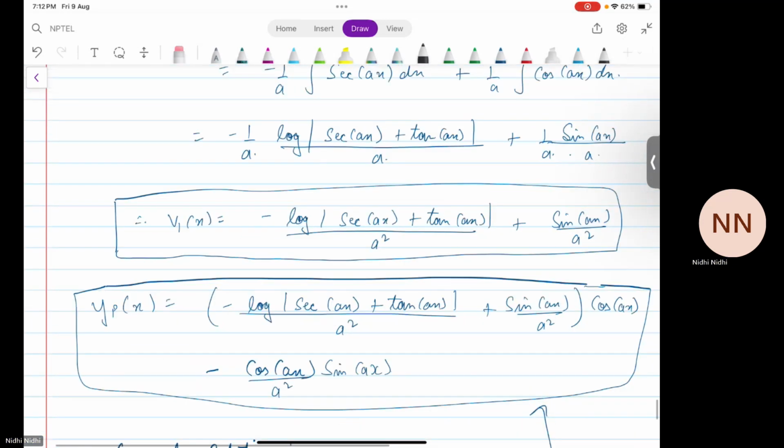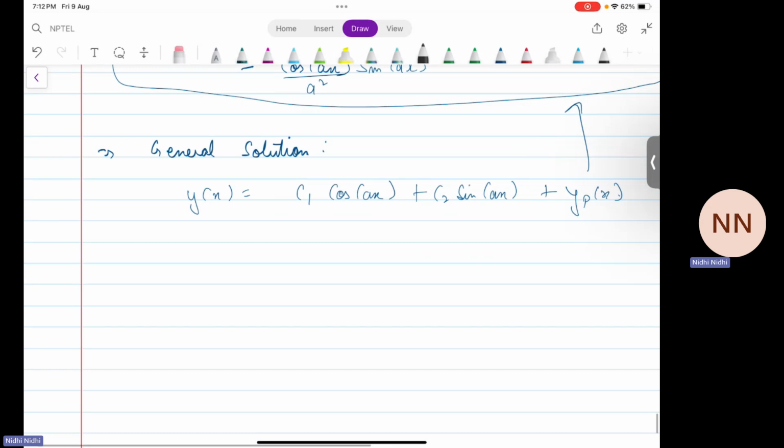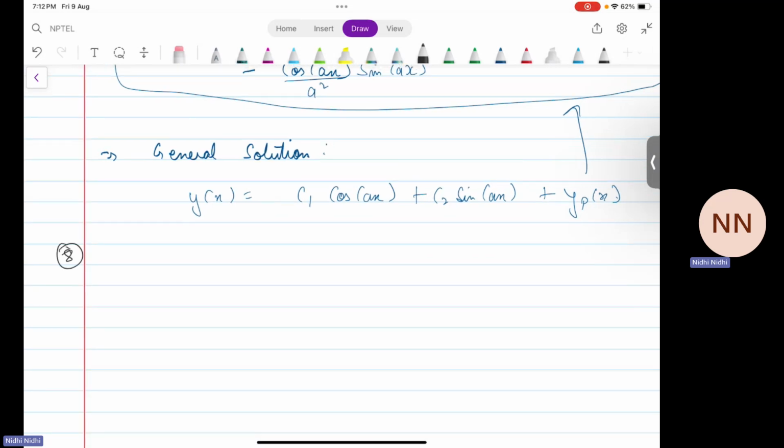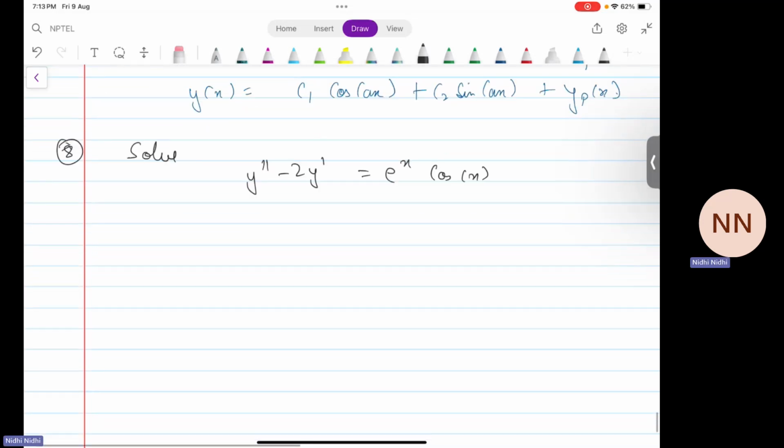Next we have question number 8, which is: solve y double dash minus 2y dash is equal to e power x cos x by using the method of variation of parameters.